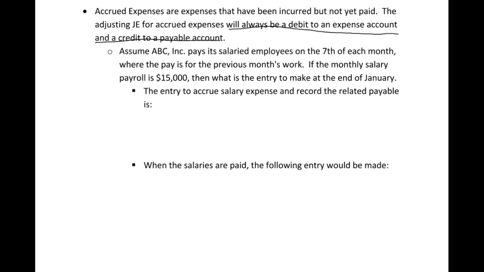So on basically January 31st, we would just make this journal entry. We would debit salary expense and credit salary payable for the $15,000. Once again, as I mentioned above, the main point here is this expense of $15,000 relates to an expense of the company for January.